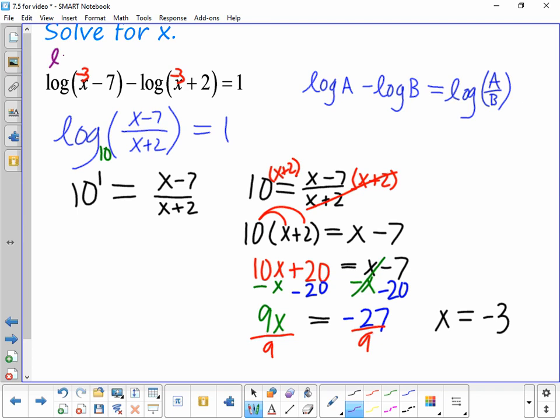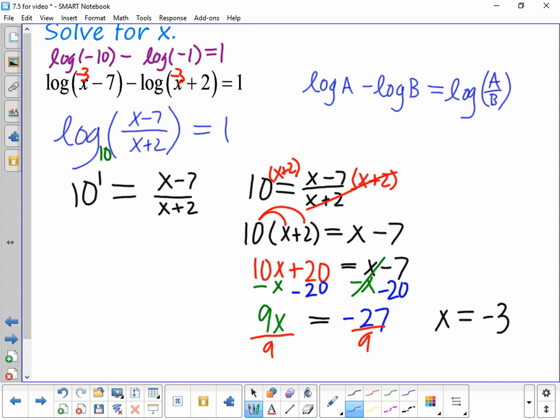We end up with the equation the log of negative 10 minus the log of negative 1 is equal to 1. Well, if you try to evaluate the log of negative 10 in your calculator, it does not work.